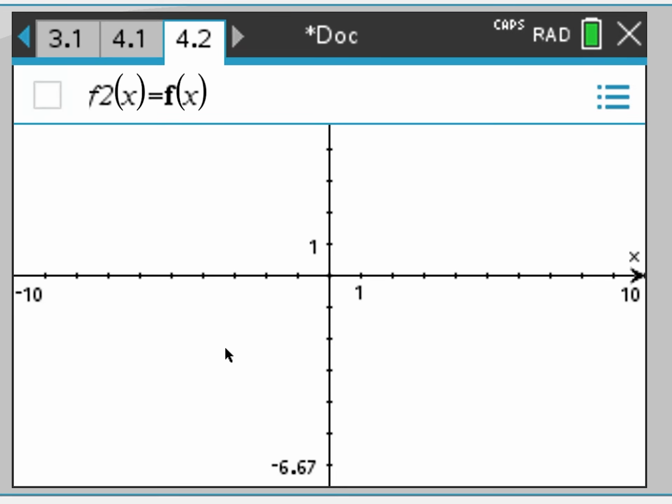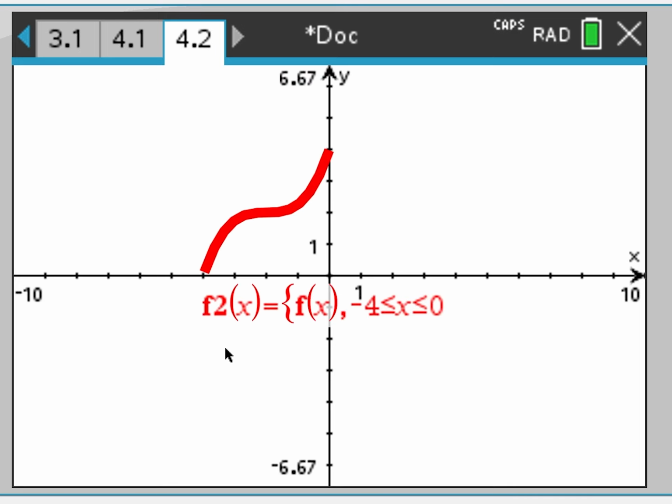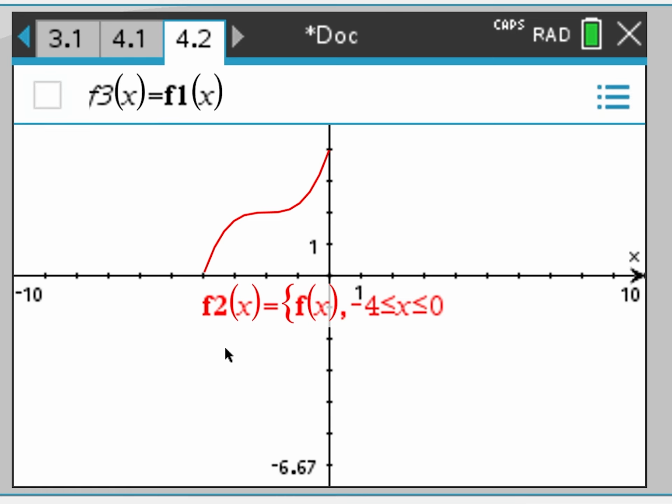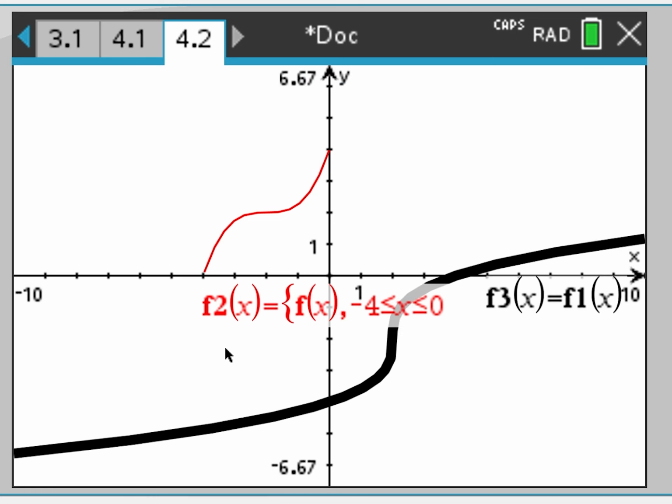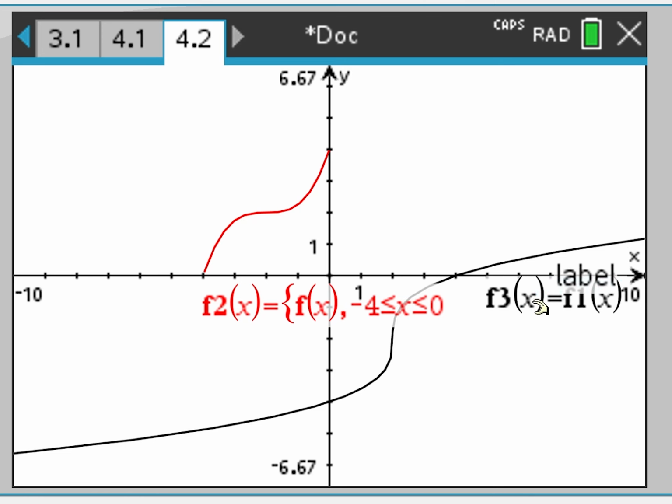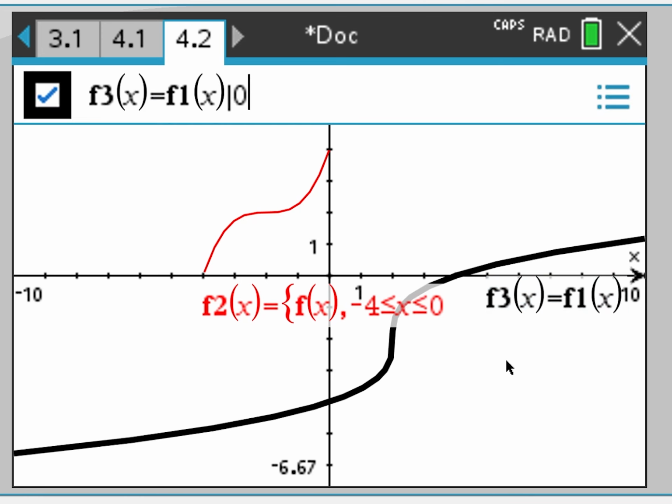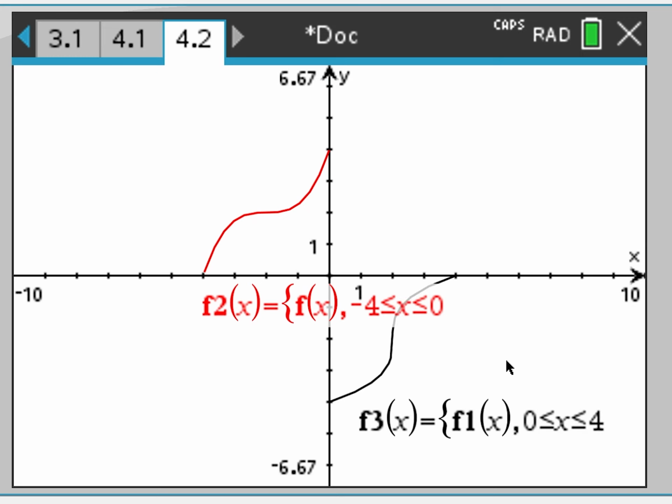F of x from -4 to 0. And then we will plot f inverse of x. That is, let's just plot this. So we'll say it goes from 0 to 4, okay? 0 less than or equals to x less than or equals to 4.